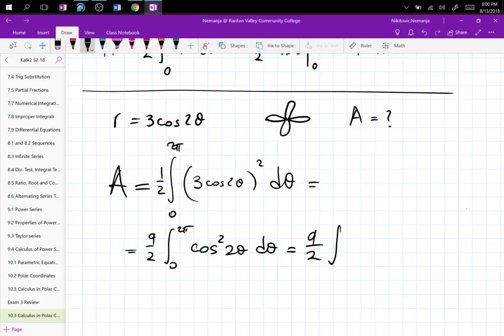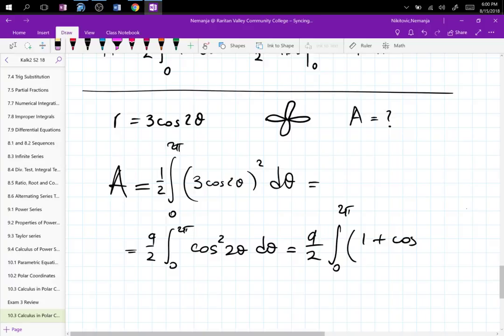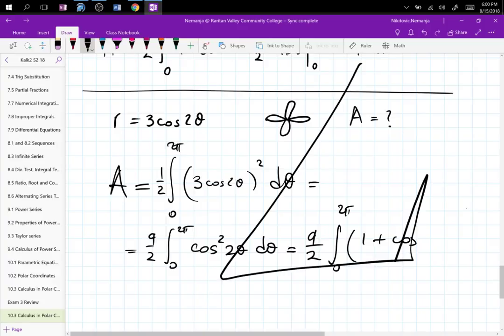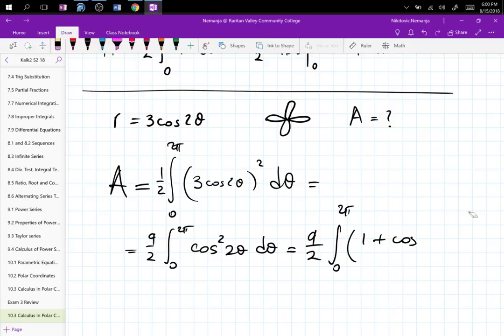So 9/2 integral 0 to 2 pi, and then, as Harry said, it's 1 plus cosine 4 theta. Because you started, no, this is the biggest 4 you've ever seen. I don't think I counted the 4. So, guys, if your formula for power reducing is starting at 2 theta, you must double it.